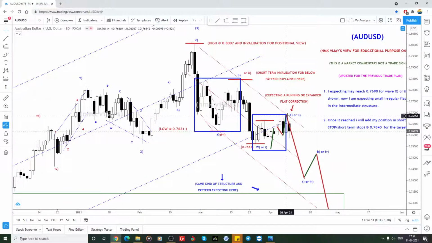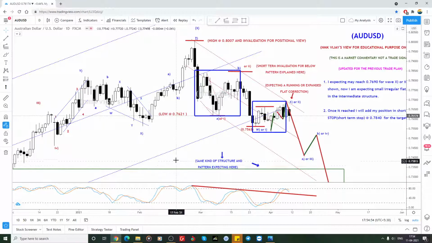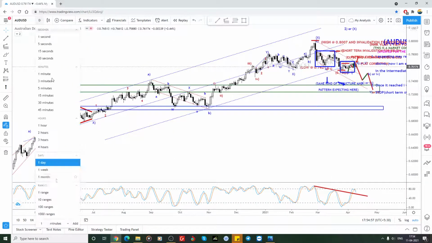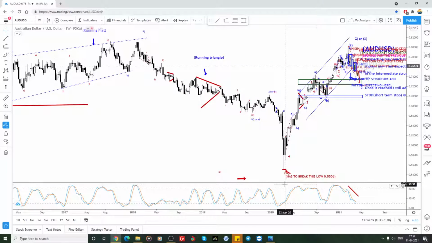I'm not going for this, but it may. On the daily and the weekly, it has already reached the down. But what I'm trying to say is that this is not the main information. According to this we are not going to trade, but these are small pieces of information.